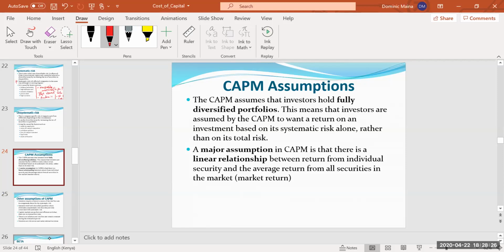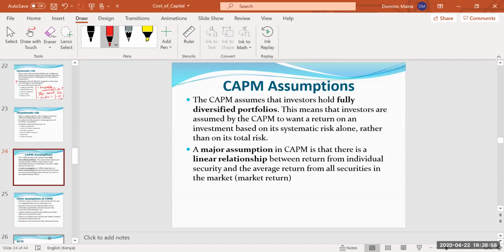Therefore the diversifiable risk, the unsystematic risk component, has been done away with, so this portfolio has zero unsystematic risk. That's another assumption we are making in this theory: that investors hold a well diversified portfolio. The only risk their portfolio is exposed to is the systematic risk, the market risk.